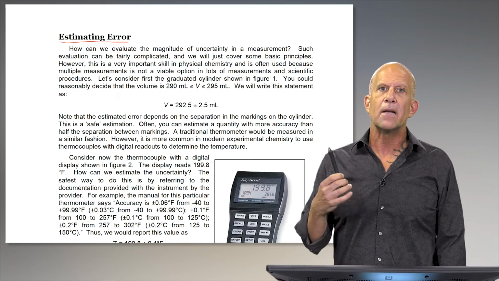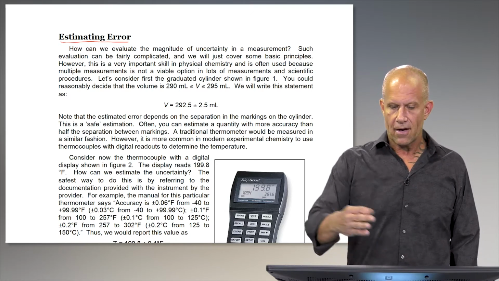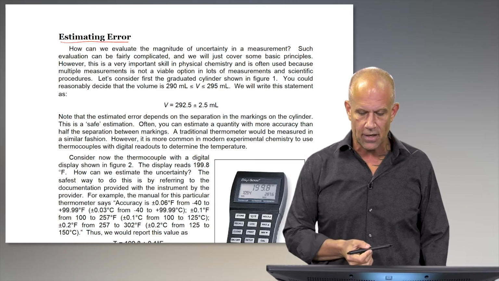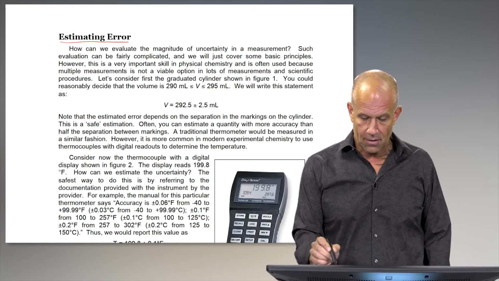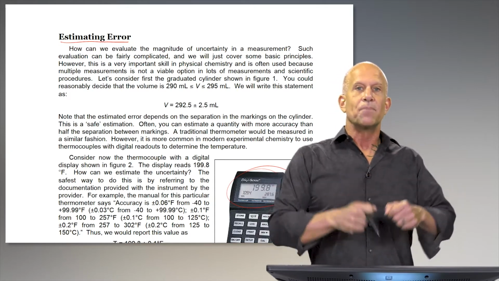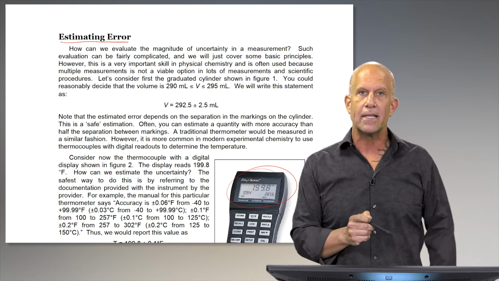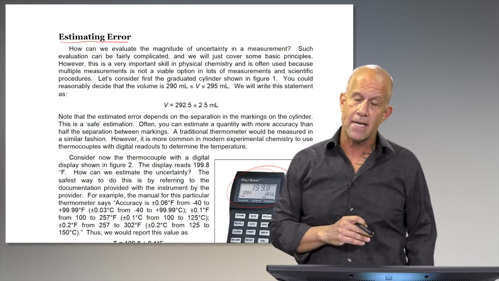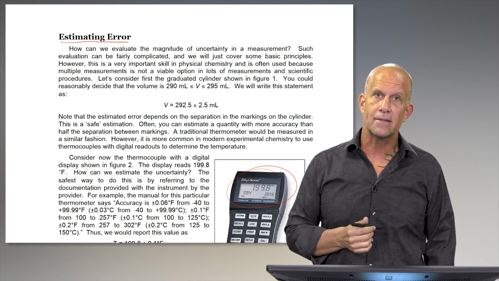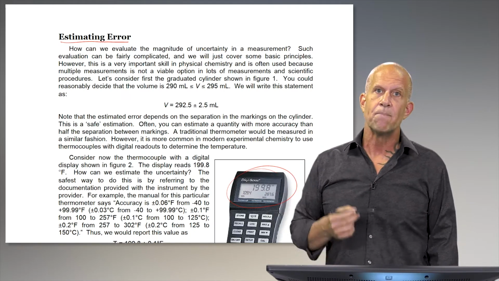But you can also get a sense of this by estimating the error, and that's what this next section goes through. For example, on a thermocouple, you could make a measurement, remeasure it, and see how much variability you get, then look at the standard deviation and variance over several measurements to do a real statistical analysis.